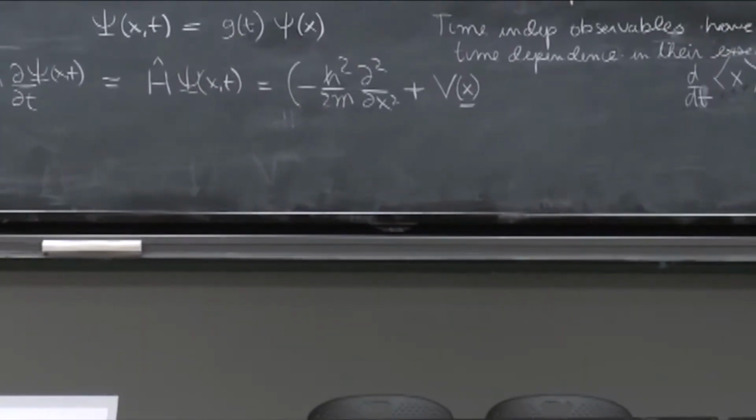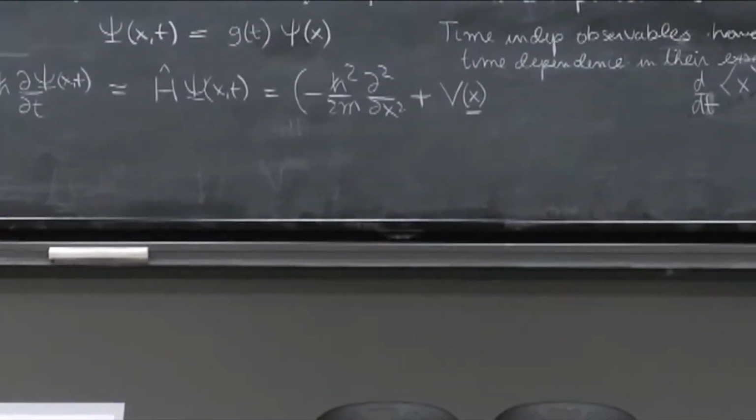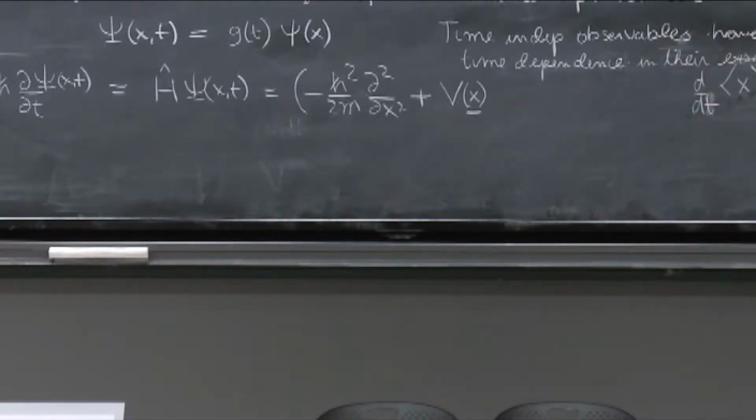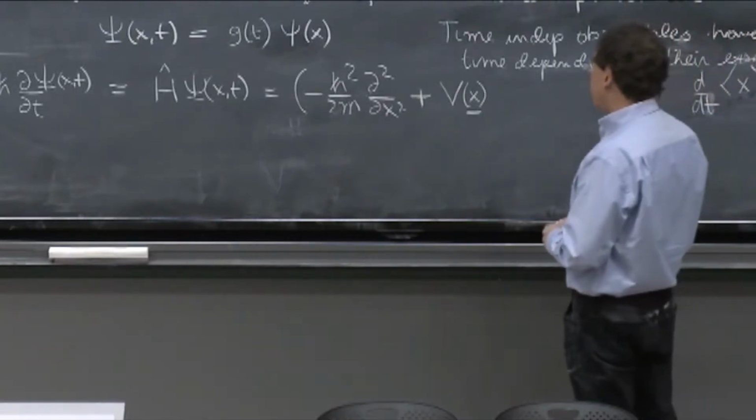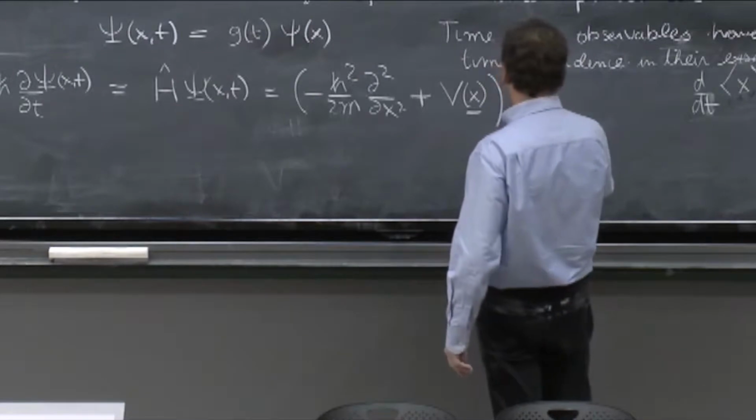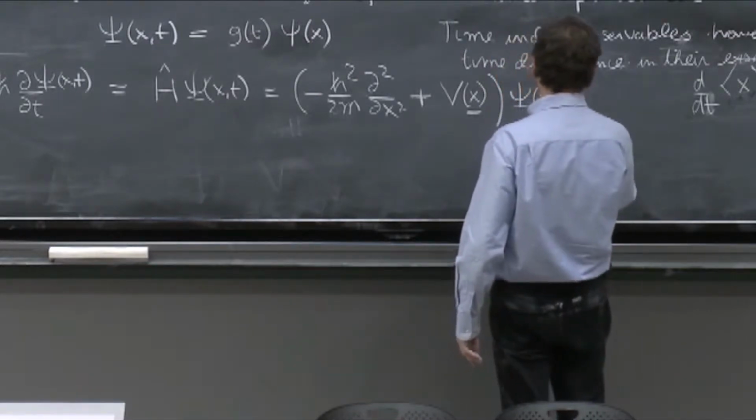Otherwise, it's not so easy to get stationary states. If you have a potential that has time dependence, we cannot do the analysis that we're going to do. So we're going to look only at time-independent potentials.